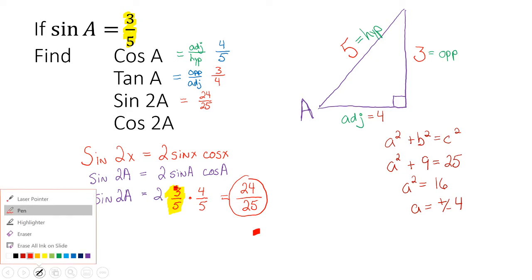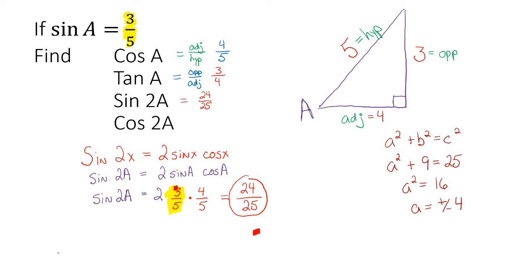Now the last question on this slide says, what about the cosine of 2 alpha? Remember, I said you can use any one of those formulas that you want. So the one I chose was the one that reads cosine of 2a equals cosine squared of a minus sine squared of a.